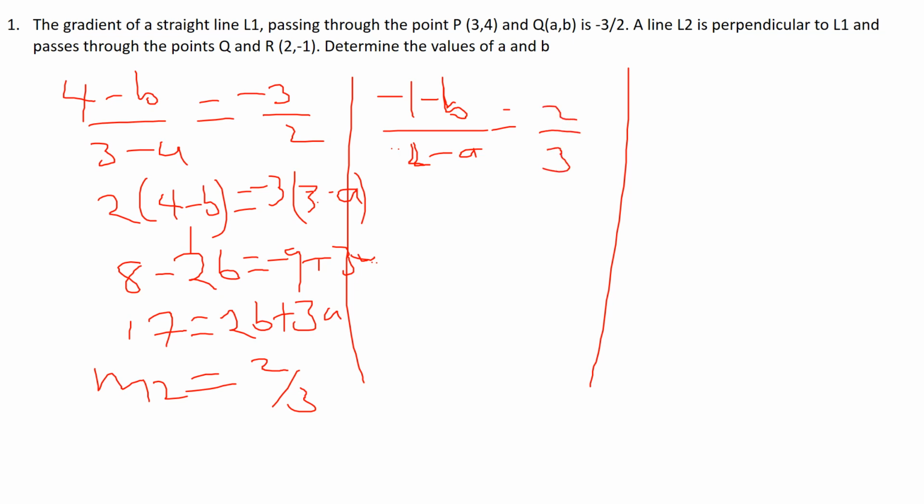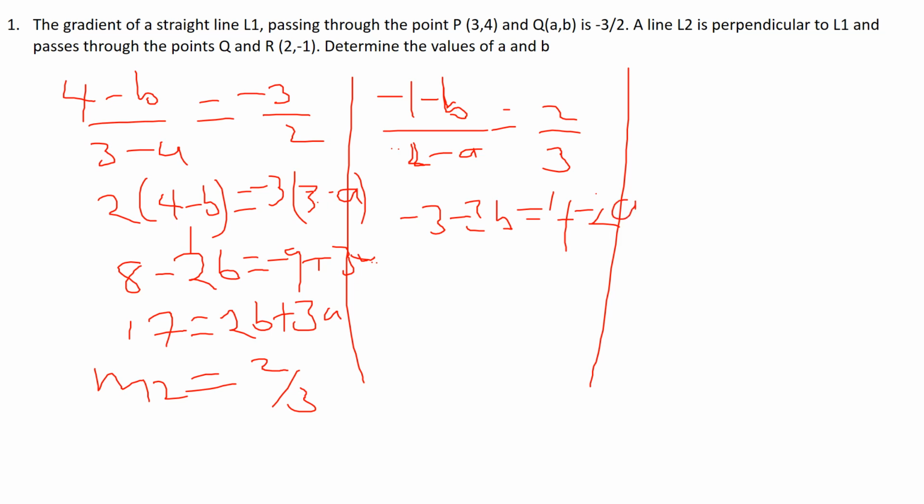Then I cross multiply, and I'm going to have negative 3 minus 3b is equals to 4 minus 2a.